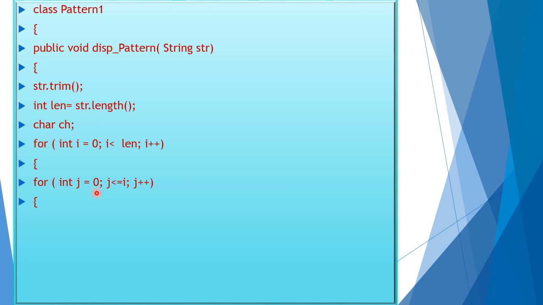So what is the body of the inner loop? Let us see. So what happens in the inner loop? Each time the character is extracted and that character is displayed. Let us see. ch equals str dot charAt(j).